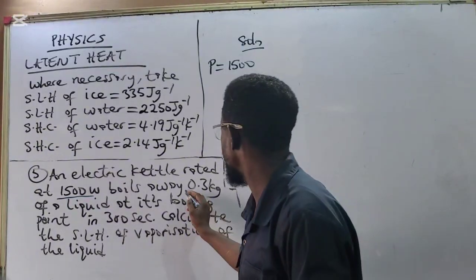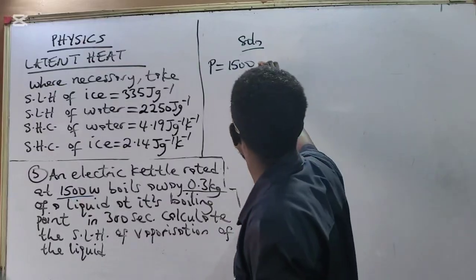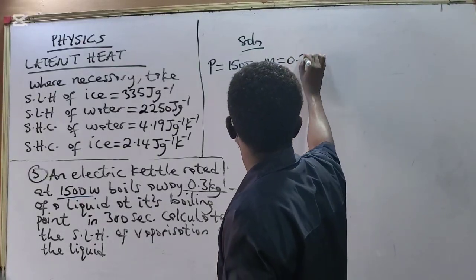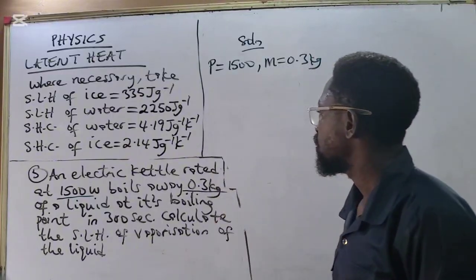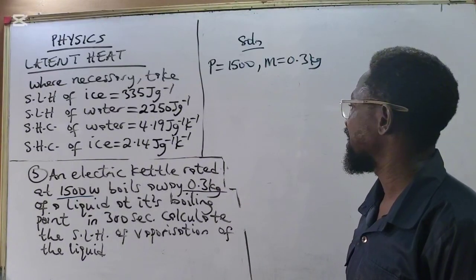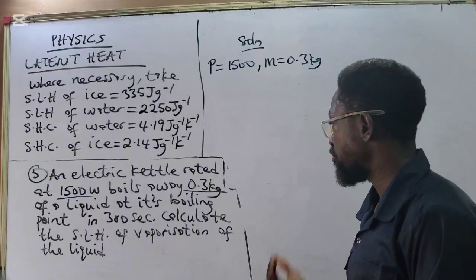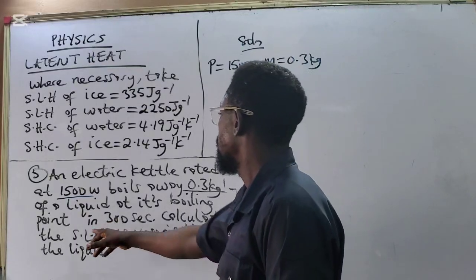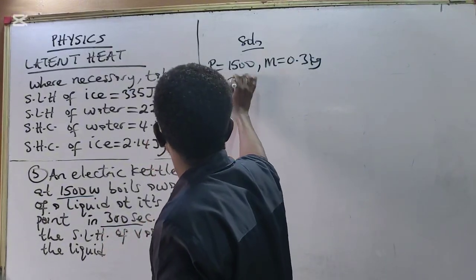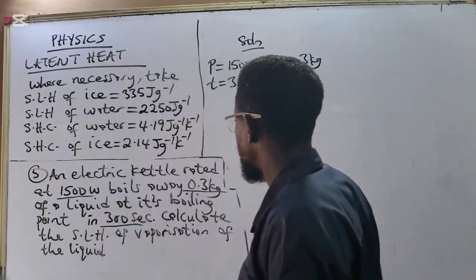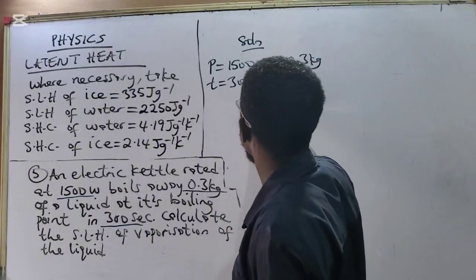Boils away 0.3 kg of a liquid. That's the mass, 0.3 kg, of a liquid at its boiling point. So that means there is no change in temperature. In 300 seconds. That's the time. 300 seconds. Calculate the specific latent heat of vaporization of the liquid.